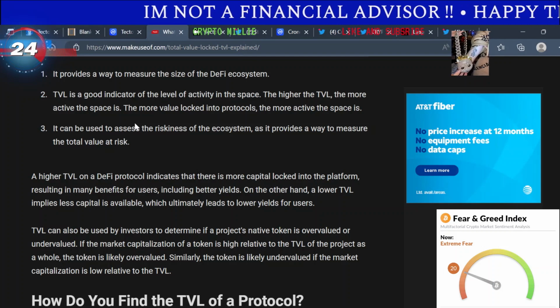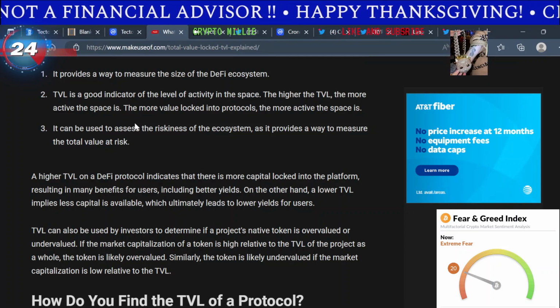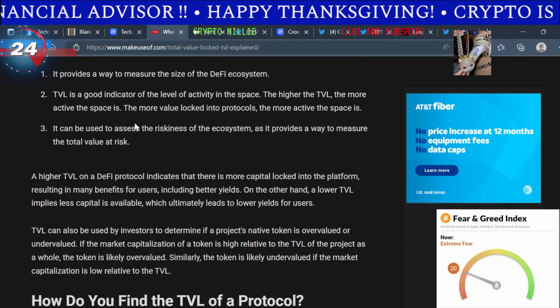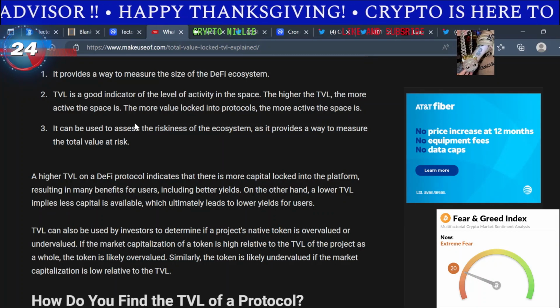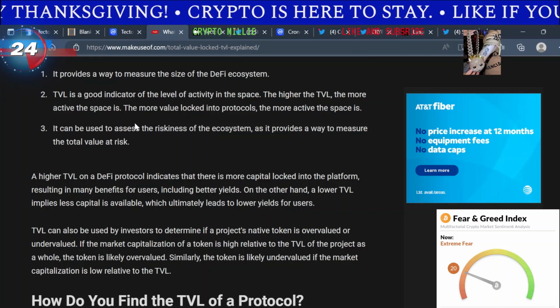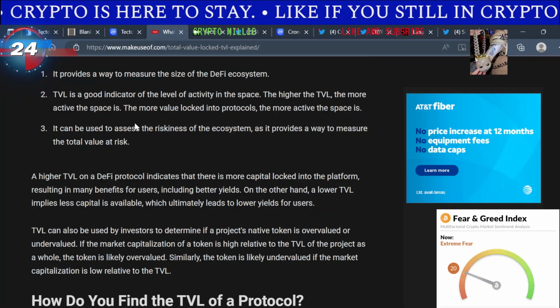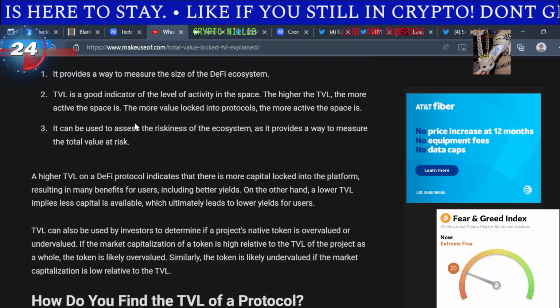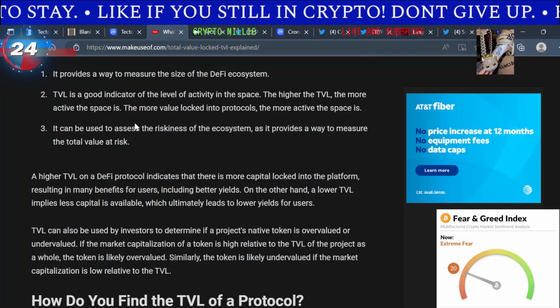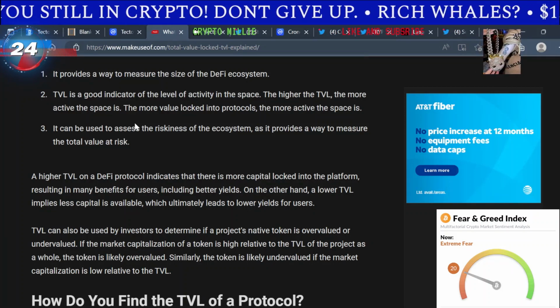A higher TVL on a DeFi protocol indicates that there is more capital locked in the platform, resulting in many benefits for the users, including better yields. On the other hand, a lower TVL implies less capital is available, which ultimately leads to lower yields for users. TVL can also be used by investors to determine if the project's native token is overvalued or undervalued.